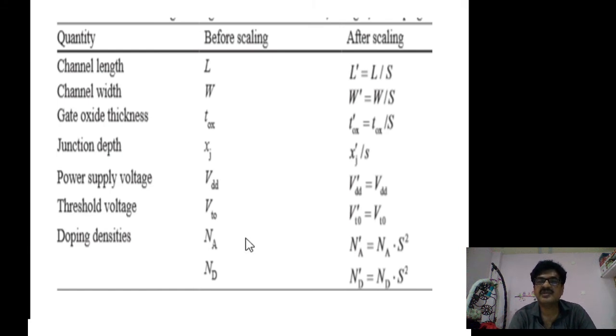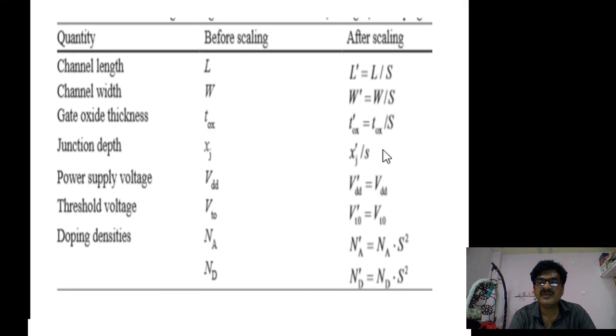This is a table showing how the scaling factor is applied in constant voltage scaling. Length, width, thickness and junction depth are scaled down by a factor of S, but doping concentrations are increased by a factor of S square.